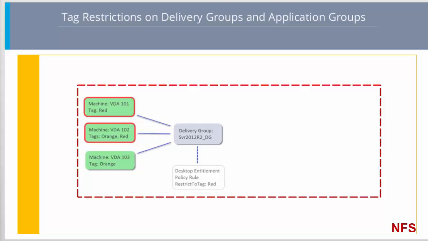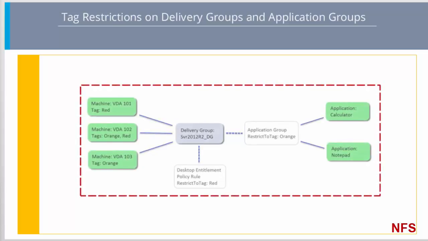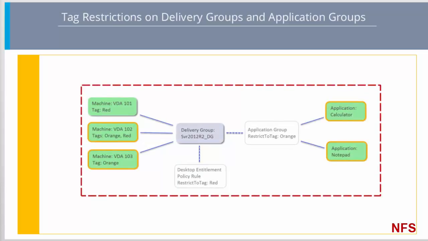Let's now look at how the new tag restrictions feature is applied to application groups. The application group was created to contain the applications, calculator, and notepad. We now apply the orange tag to this application group, thus creating a tag restriction. So each of its applications, calculator and notepad, can be launched only on machines in that delivery group that have an orange tag.